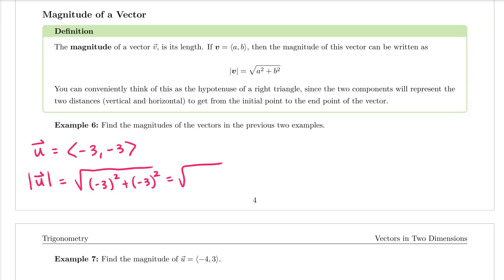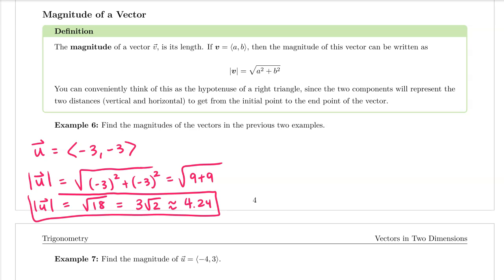So that's going to be the square root of 9 plus 9, which is equal to the square root of 18. It does not tell us whether to give this as an exact answer or a decimal approximation, so I'm going to simplify this. This is equivalent to 3 times the square root of 2, and then our decimal approximation, rounded to 2 decimal places, is 4.24. So these all represent the magnitude of vector u.